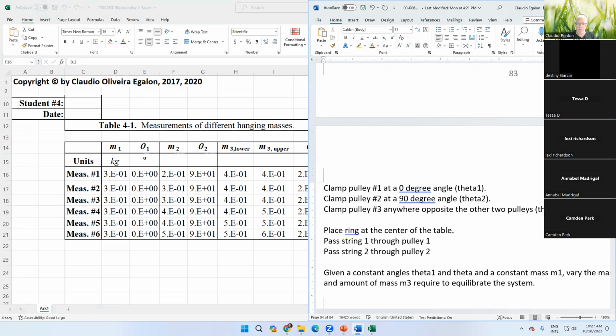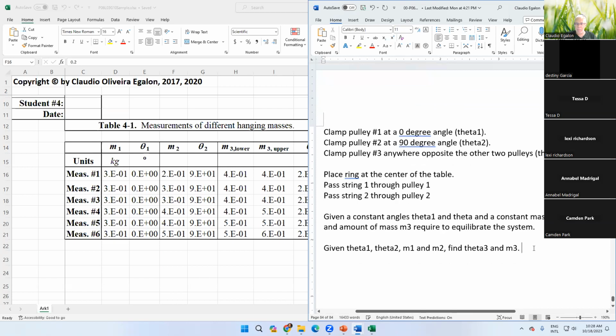Okay. So the situation is like that. Given theta 1, theta 2, M1 and M2, find, that's the experimental problem that we have, theta 3 and M3. That's how this experiment is posed to you all.